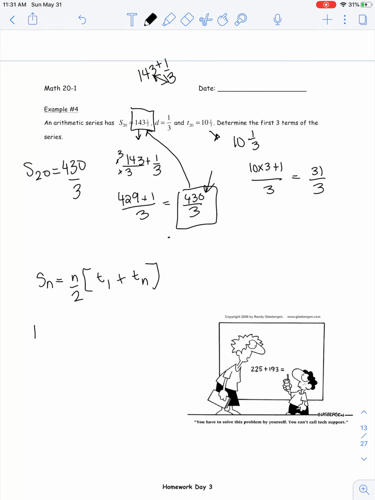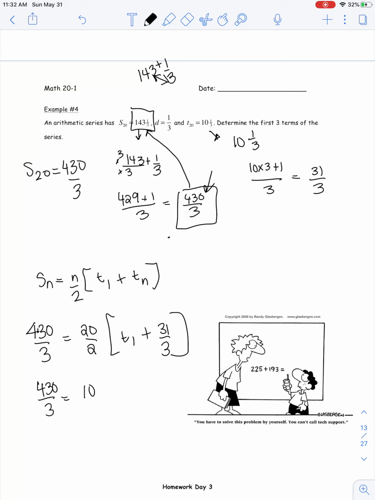So this is the equation we're using, where S20 is 430 over 3. N is going to be 20 over 2 because we have 20 terms in the sequence. T1 is what we're trying to find, and Tn is what is in the 20th spot, so that's going to be 31 over 3.